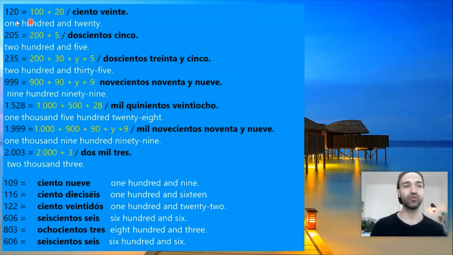205. So 200 is 200, 5 is 5, it will become 205. How can we say 235? 200 is 200, 35 is 35, so it will become 235.